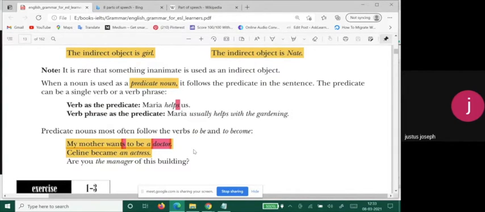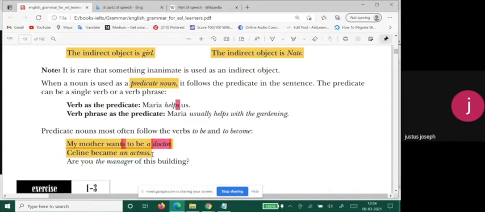Whenever you see this to be a, that word be, please understand that it is introducing some predicate noun. Isn't doctor a noun? It's the name of a profession, right? So understand it to be a predicate noun.